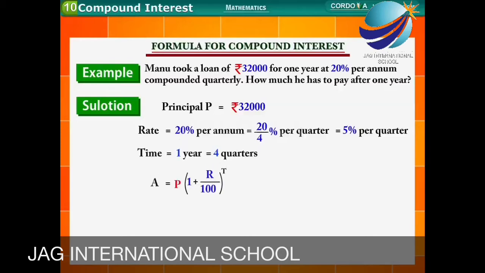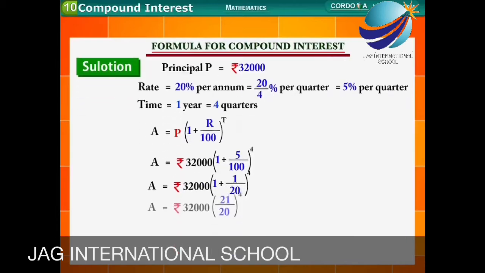A is equal to P into 1 plus R upon 100 raised to the power T. A is equal to rupees 32,000 into 1 plus 5 upon 100 raised to the power 4. A is equal to rupees 32,000 into 1 plus 1 upon 20 raised to the power 4.